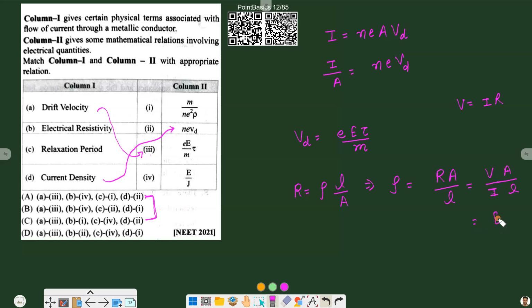So it is E by J, that is option 4. So electrical resistivity is option 4. So B will match with option 4. So hence option A is the right one.